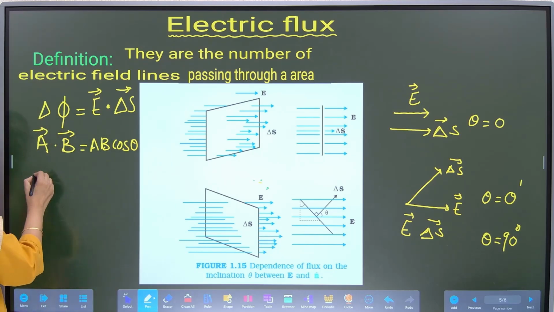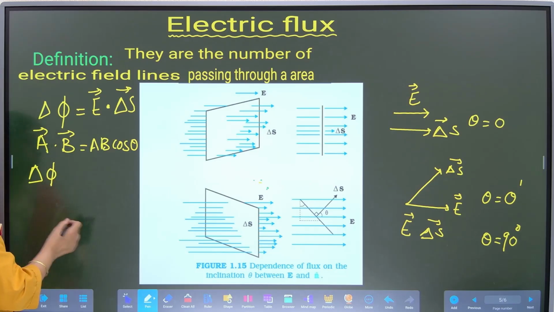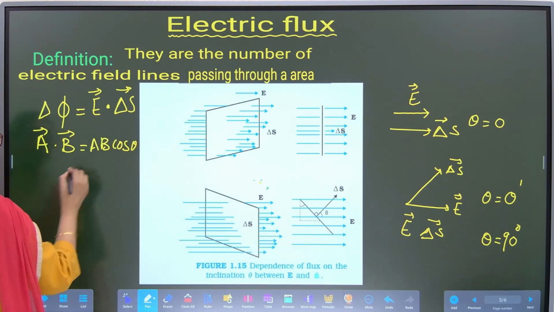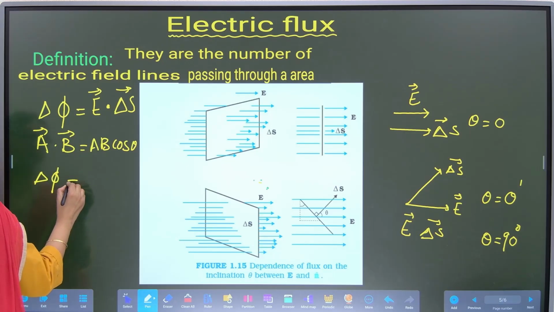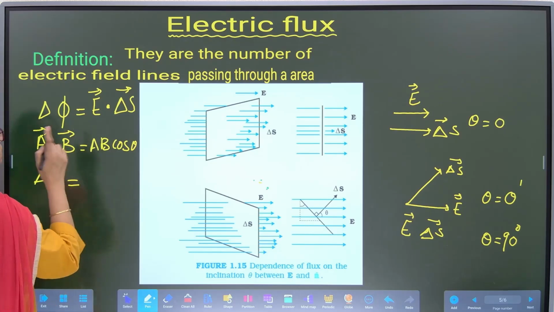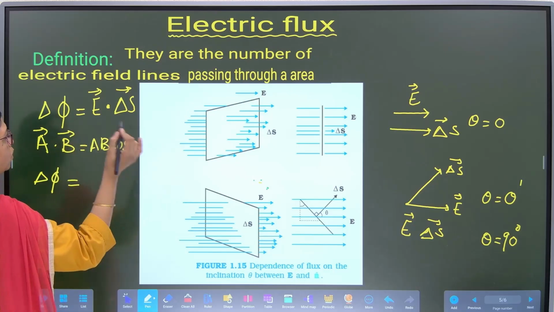Similarly, here I can write delta phi, which is a scalar, is equal to the scalar product of E dot delta S, both vectors.